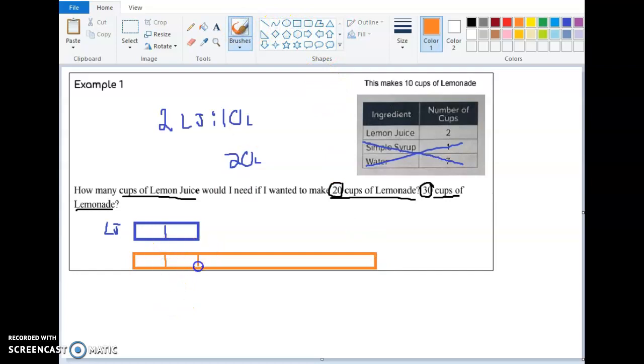I'm going to try and keep my boxes about the same. 3, 4, 5, 6, 7, 8, 9. 2, 3, 4, 5, 6, 7, 8, 9, 10. So I got 10 boxes. If you look at your paper, you have 2 boxes here and 10 boxes here for my lemonade.